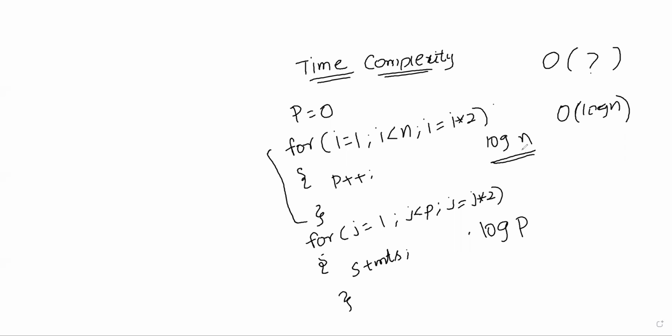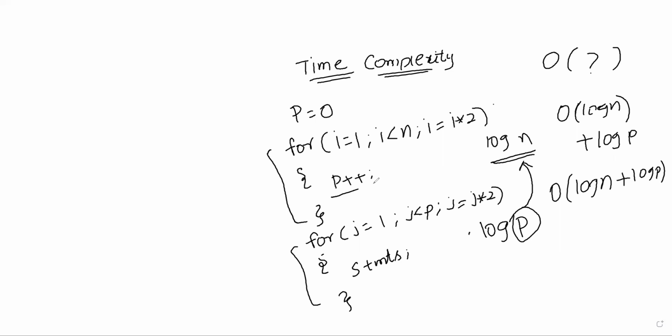If there is some common point in both of these, this is absolutely right: O of log n plus log p. You can say it like this, or what you can do is see if this p can be expressed in terms of n, because you have a connection between the p here and here, right?